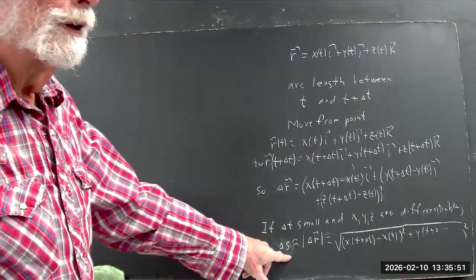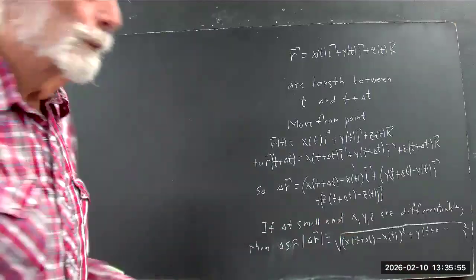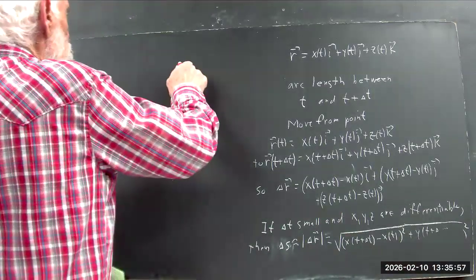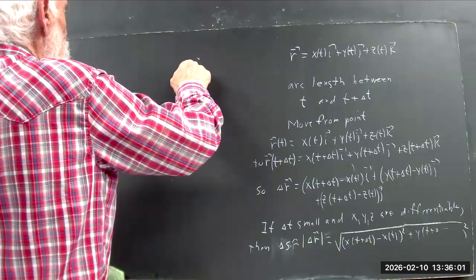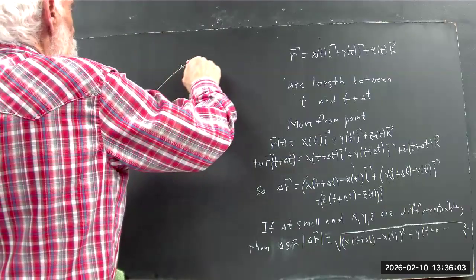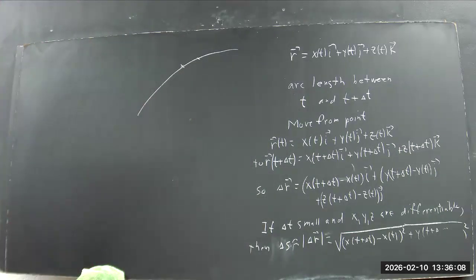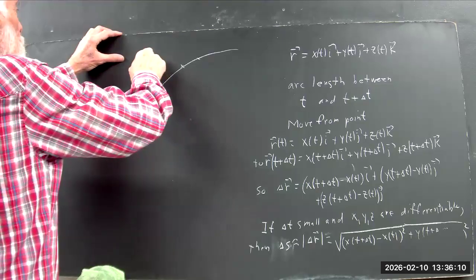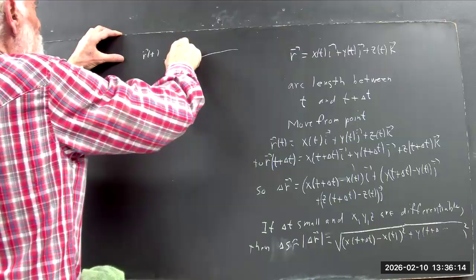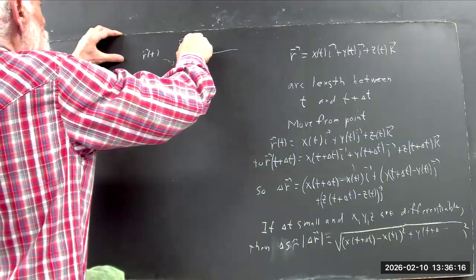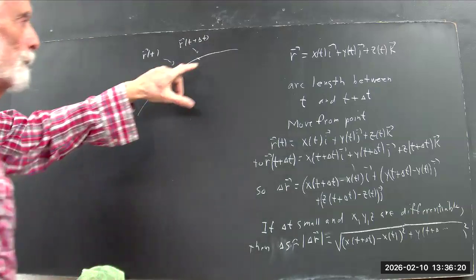And say delta S is how far I move along the path. Now, this means I'm like here, and then I'm like here on a path that maybe looks like this. So t gets me there, or t plus delta t gets me there.